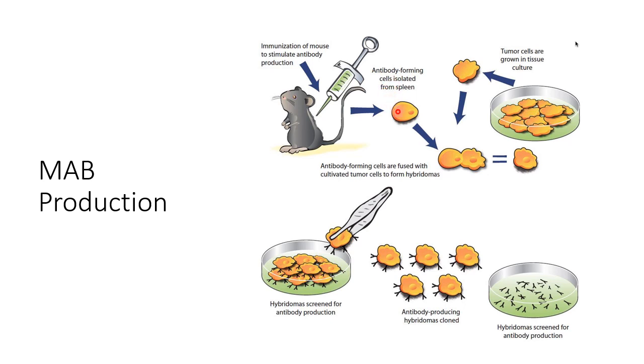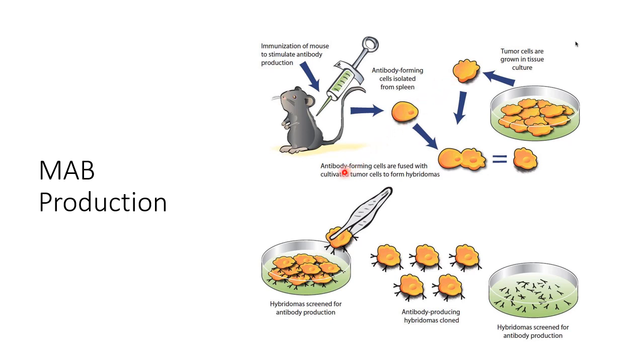You get the plasma cell which is specific for that antigen, and you combine it with a cancer cell right here. So you grow simultaneously a culture of cancer cells, which are usually activated lymphomas. So we fuse the two, the antibody producing cell, plasma cell from the spleen and the cancer cell.